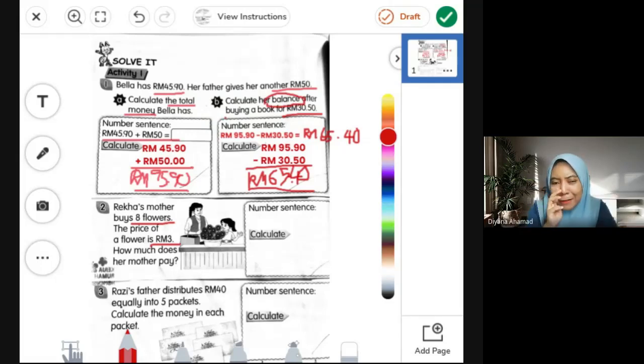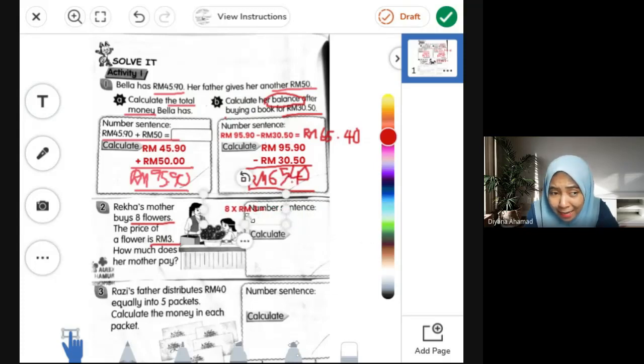Very good. You need to do multiplication. So your number sentence is 8 times how much for one flower, 3 ringgit. Write your number sentence like that: 8 times 3 ringgit.